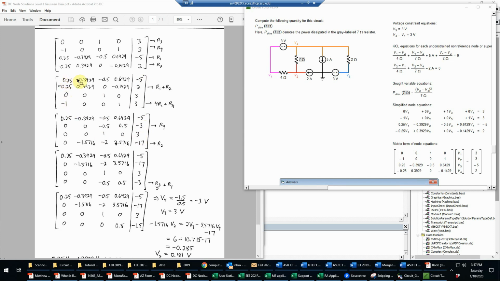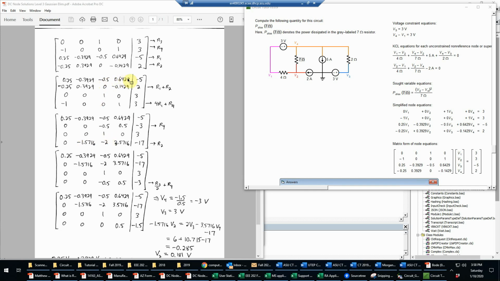And then for the fourth row, again, we're adding 4 times this to this. So that'll give us a 0 here, of course. And then doing it on a calculator, we multiply 0.3929, or the negative of that rather, times 4, and add it to 0. So that will just give us a minus 1.5716. And then we multiply this times 4, that'll give us -2, add that to 0, gives us a -2.